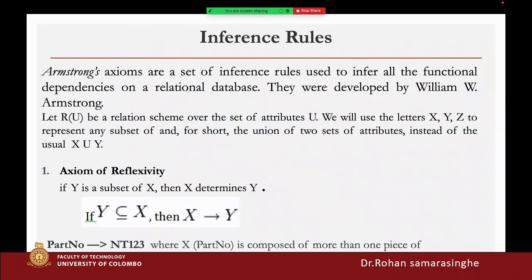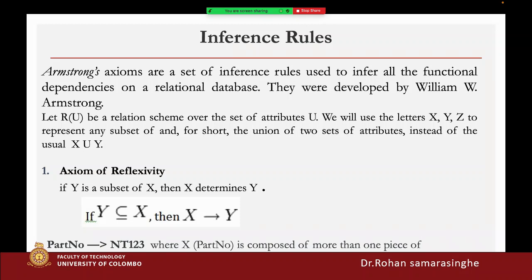We have to understand that. Using functional dependencies, we can retrieve the other attributes. For example, from the primary key we can retrieve the other attributes of the table.